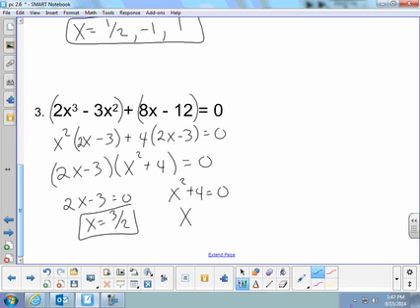Here, I would subtract 4. Then I would take the square root. And when I get the square root of negative 4, it's plus or minus 2i. So I'm going to have a couple imaginary solutions on this one. One real solution, so I know it's crossing the x-axis in only one spot.